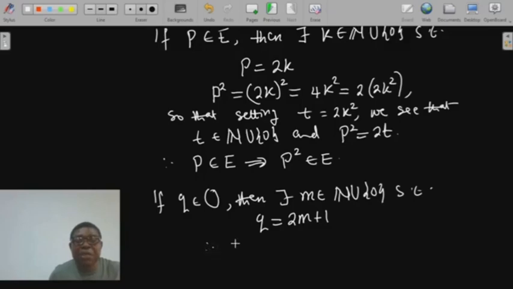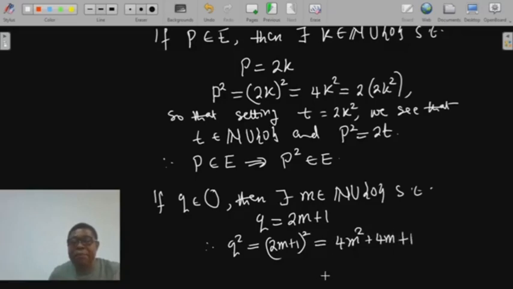This therefore means that Q squared is equal to 2m plus 1 all squared. And this will give us 4m squared plus 4m plus 1, which further can be written as 2 into 2m squared plus 2m, then plus 1.